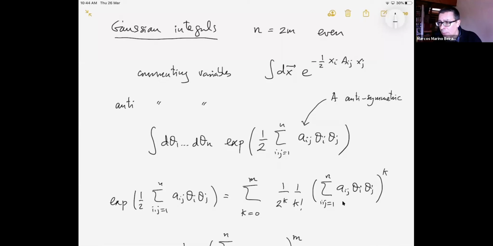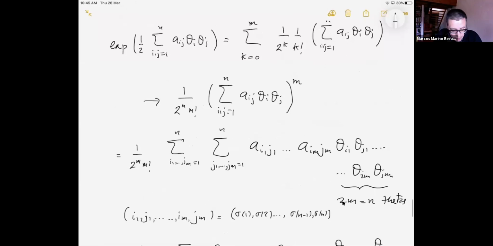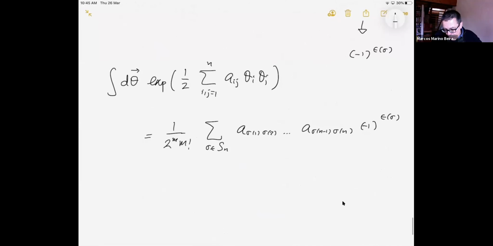So this doesn't imply any restriction. Any integration of this will only be sensitive to the antisymmetric part of A. So we get this formula here.